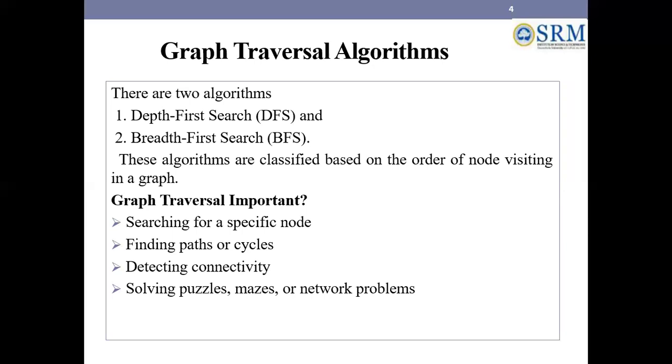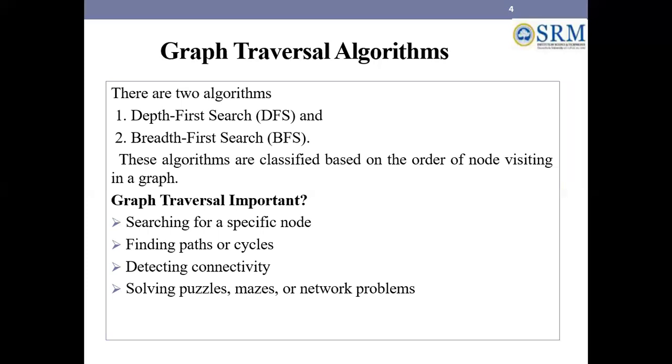Graph traversal is important for searching a specific node in a graph. Say there are 100 elements or 100 objects. We can use the graph for searching a particular element and finding a path or cycle. If we want to find a path from one object to another object, we can explore from one node to another node by following the edges, visiting the nodes one by one.